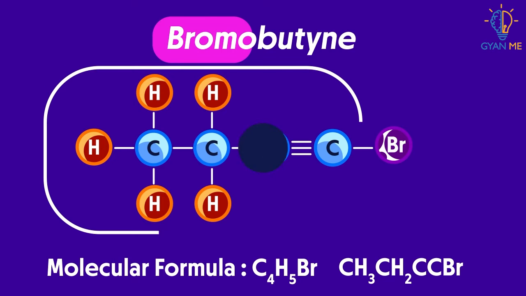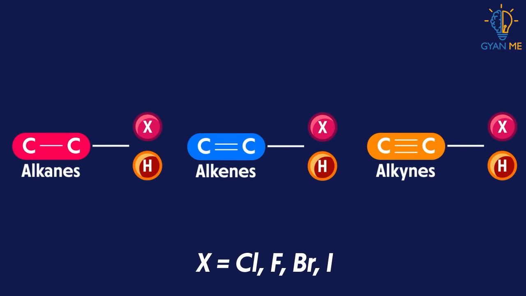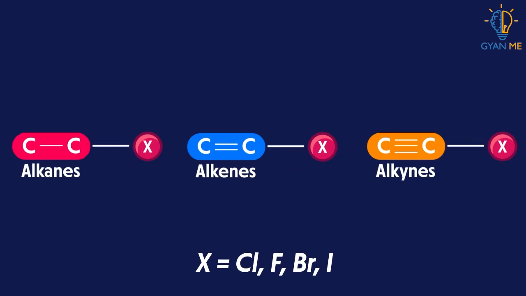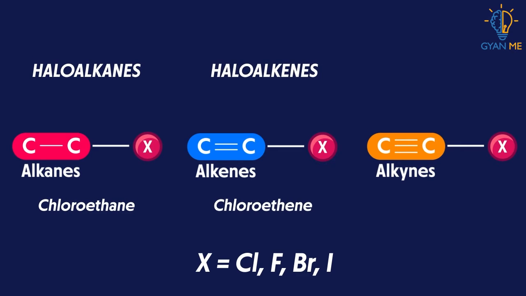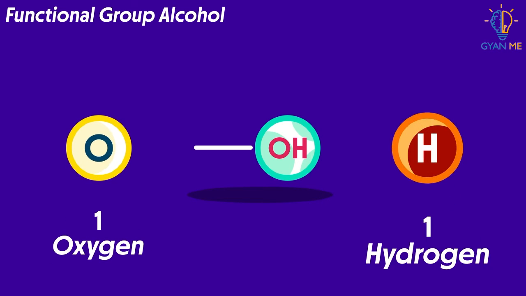So to generalize, if the hydrogen is displaced by a halogen atom, the new compounds formed are called haloalkanes, haloalkenes and haloalkynes respectively. Next on the list is functional group alcohol. The alcohol group consists of one oxygen and one hydrogen atom.